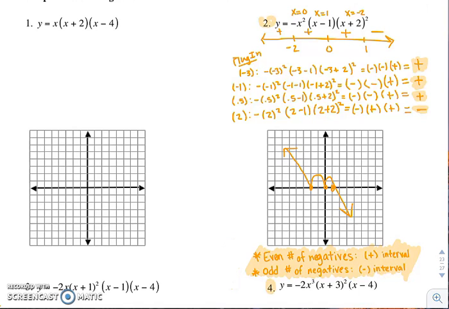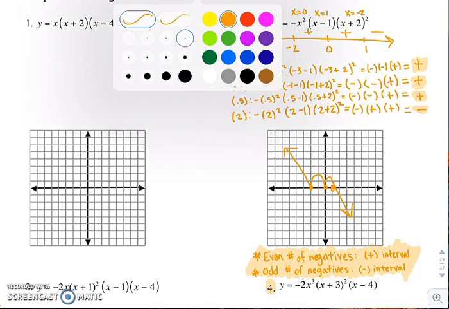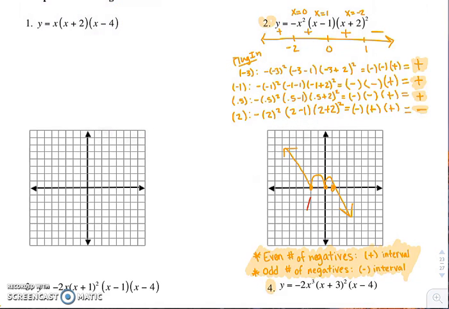Also take notice that your roots of negative 2 and 0 are double roots. So, what two values are squared? 0 and negative 2.